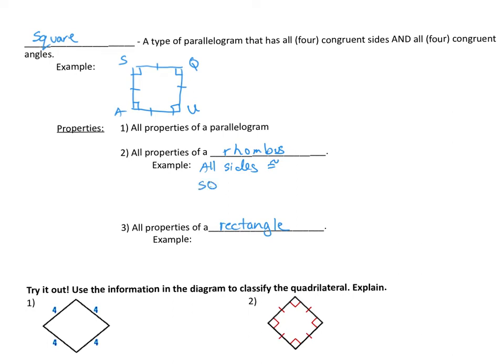So SQ has to be congruent to QU, congruent to AU, congruent to SA. The rectangle, meaning the angles are the same, so all the angles congruent. That means angle S is congruent to angle Q, congruent to angle U, congruent to angle A.